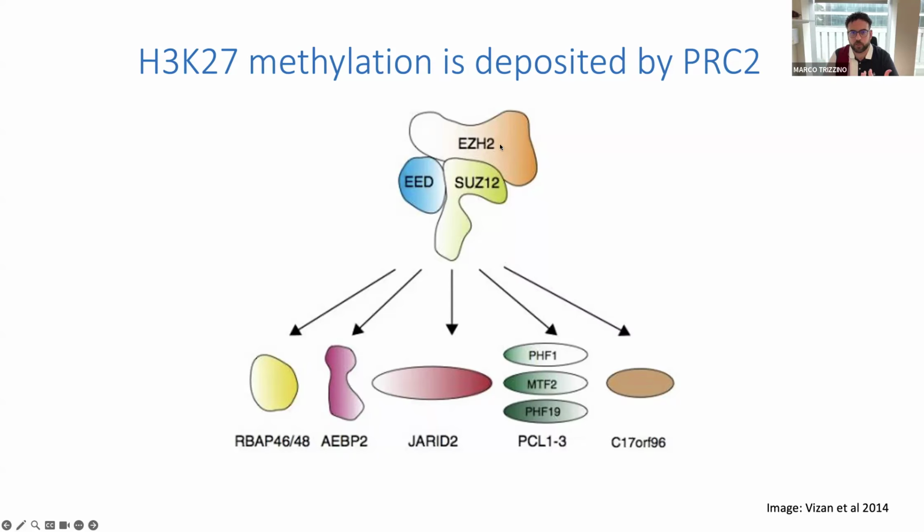EZH2, which is the actual enzyme of the complex, then EED and SUZ12 are also mandatory. And then you can have multiple subunits that are cell type specific, so you may or may not have them. So this protein complex, PRC2, or Polycomb Repressive Complex 2, is heavily involved in depositing this type of facultative heterochromatic histone modifications.